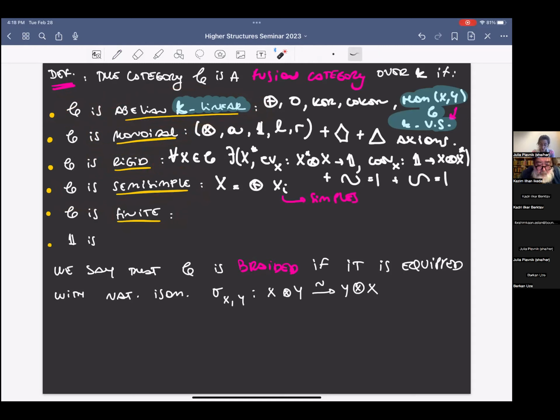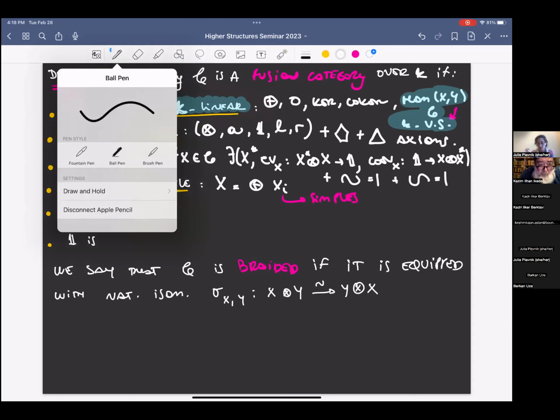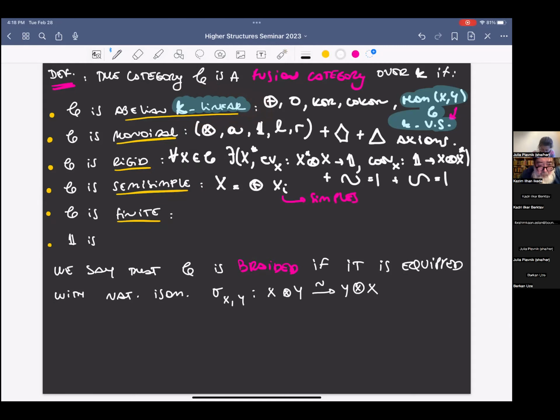Now I will ask for finiteness. Finiteness, since I already asked for semi-simple, is much cheaper. The only thing that it asks is that there are finitely many simples up to isomorphism. Again, I always care only up to isomorphism.